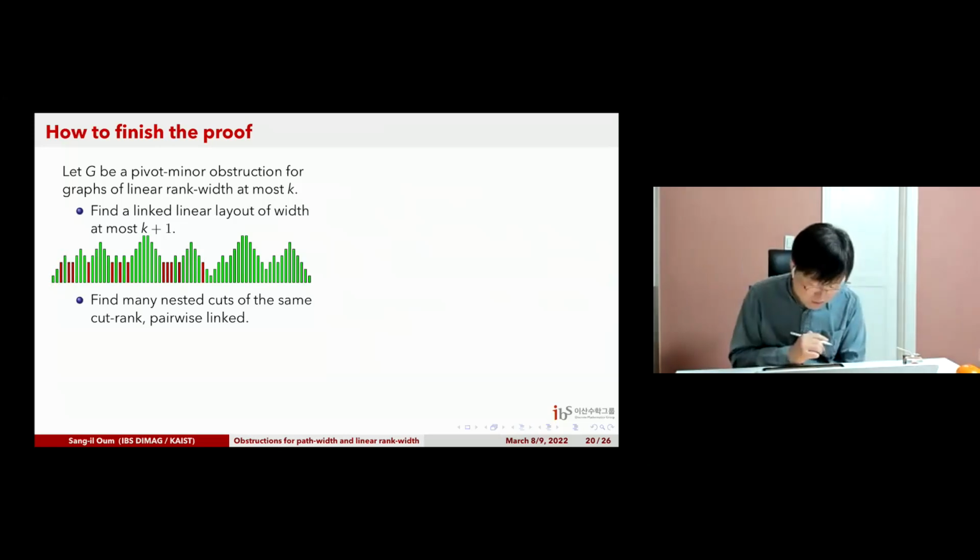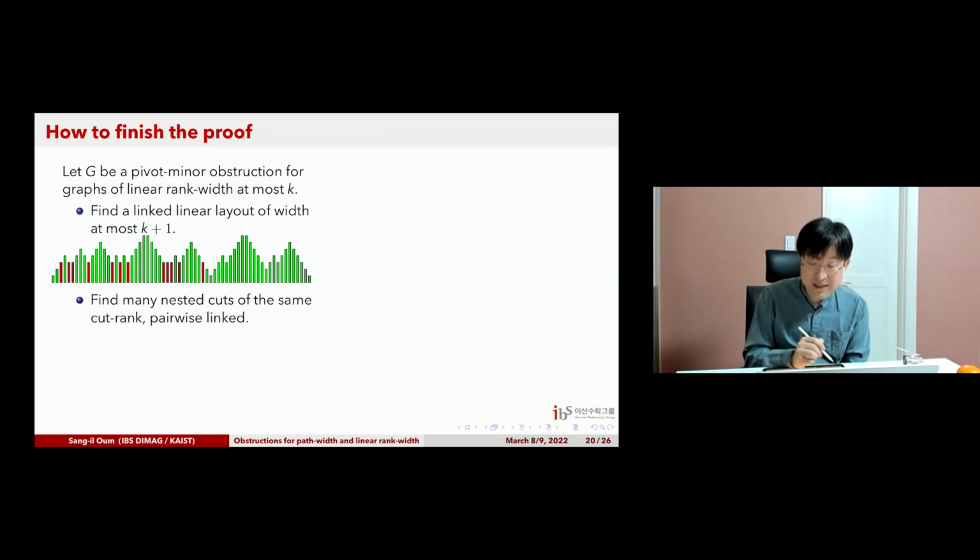And then what we're going to do is find many cuts of the same width so that they are pairwise linked, meaning that all the other cuts in the middle have higher width.